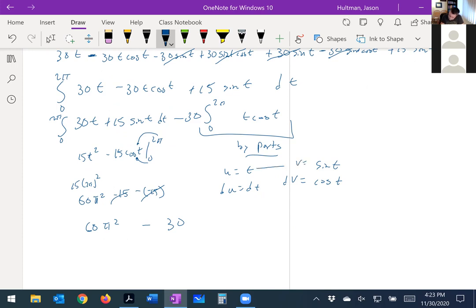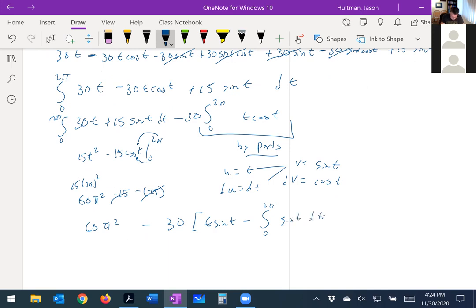So uv minus the integral of v du. So this is 30 times uv, this is t sine t, minus the integral from 0 to 2 pi of sine t dt.